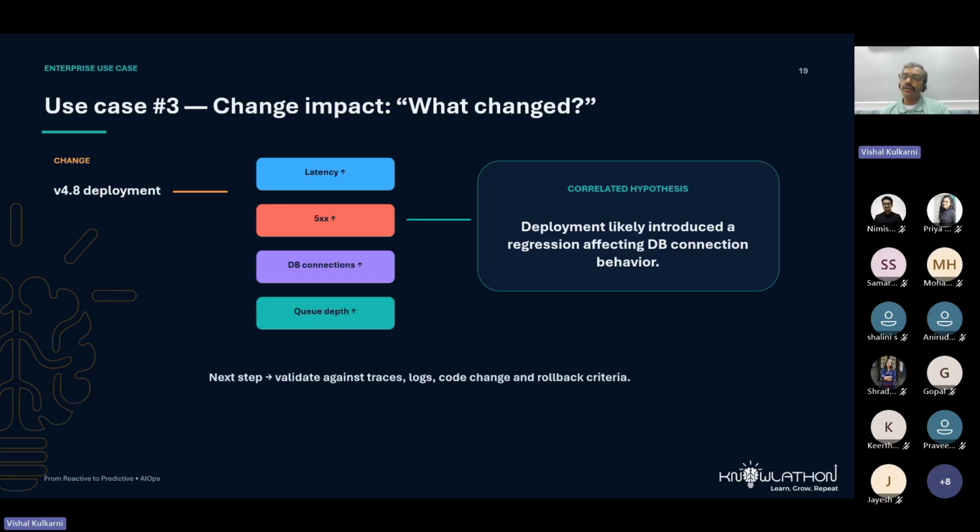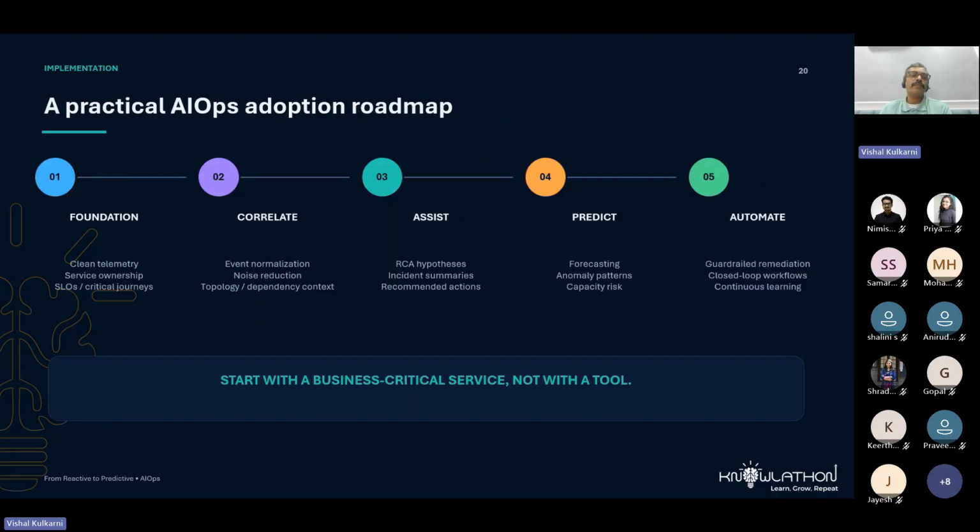AIOps really can shorten the path from something is broken to these events have changed, right? And that is where it takes into consideration the dependencies. It looks at what has really been affected, and it can really identify whether the recent change has created any problems in the existing systems after the change has been deployed.